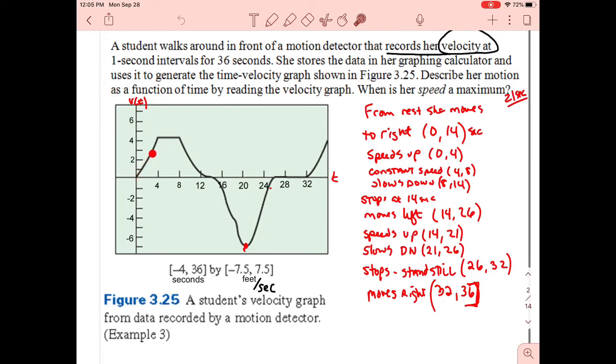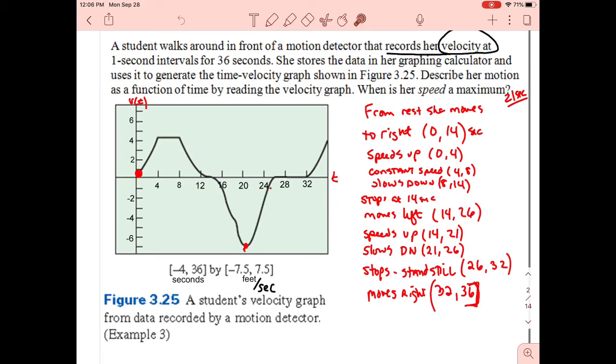So she's moving to the right. She's also speeding up. Velocity and acceleration are both positive. It's moving away from the x-axis. So she starts from rest, and she moves to the right the entire time the velocity is positive. So that would be from 0 to 14 seconds.